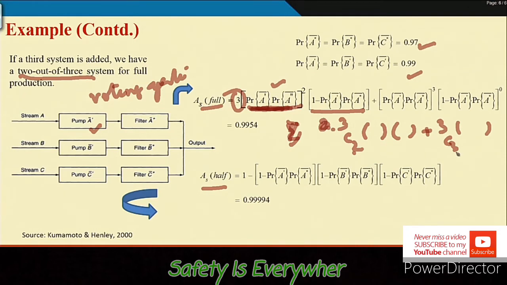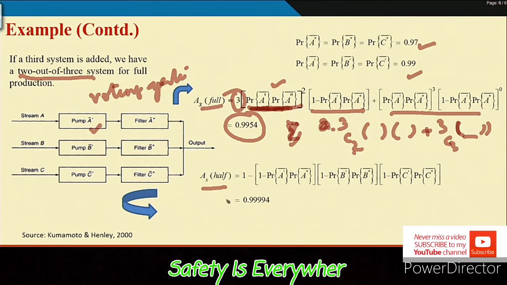Then plus 3C3, which means 1, and then the first part, this cube, and the second part to the power 0. So, that binomial theorem we have used earlier. So, this is your probability that your system will give you full production, 0.9954.